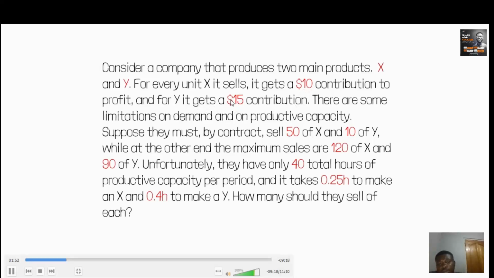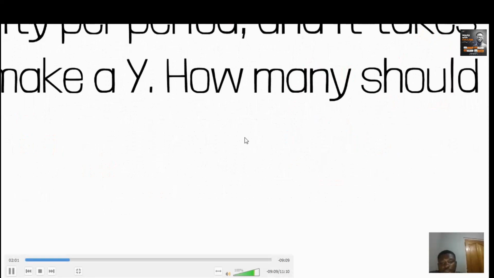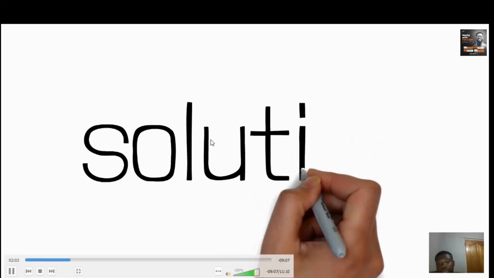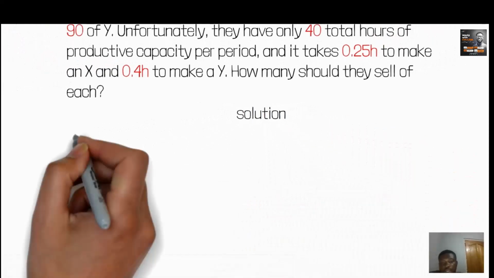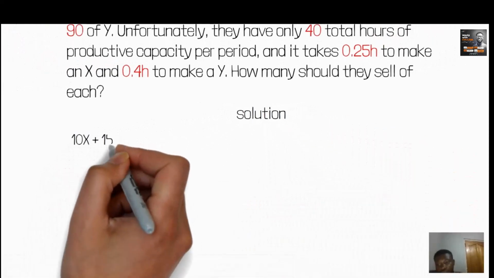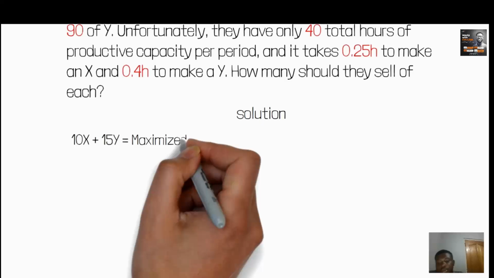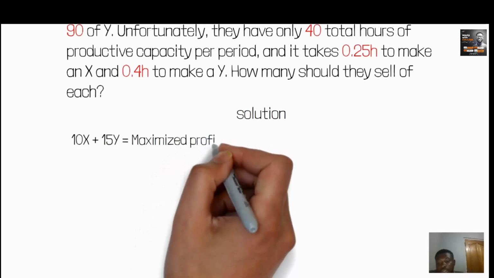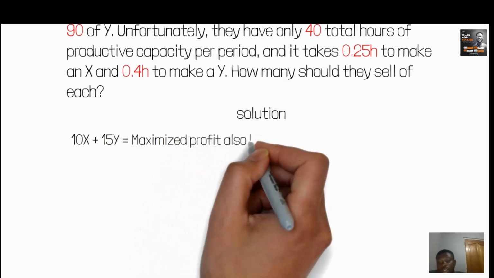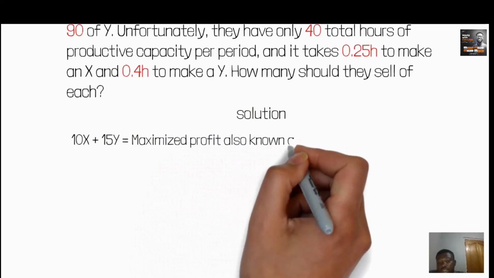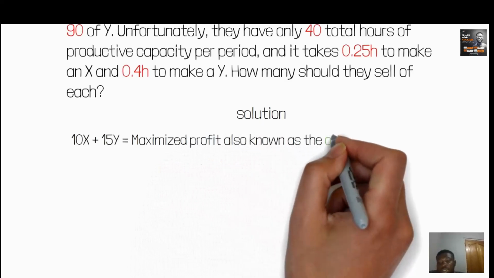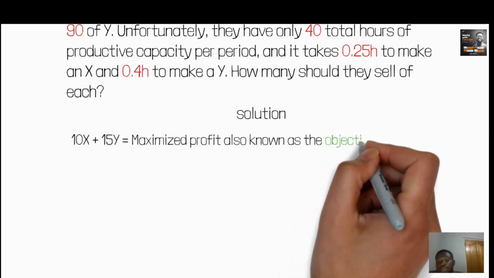So this will help us to know our objective function. Our objective function will be 10x plus 15y, because in order for us to maximize profit we must write down our objective function.